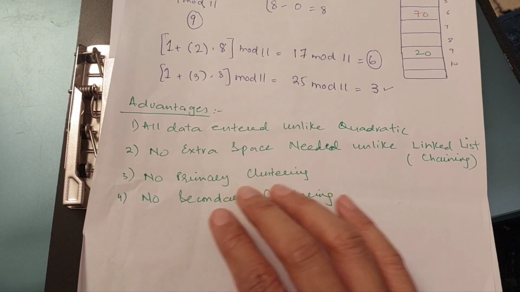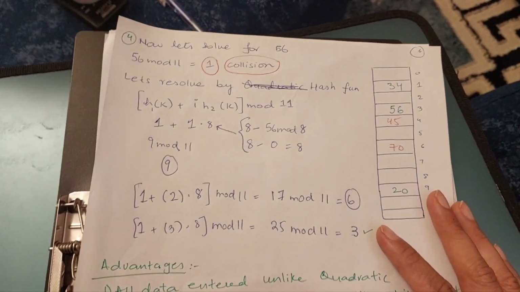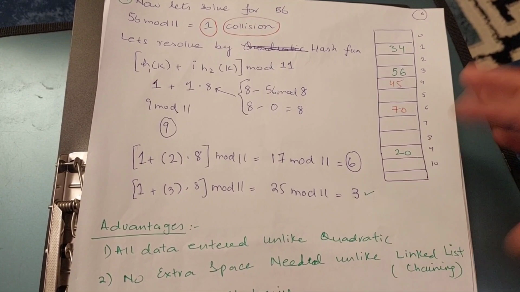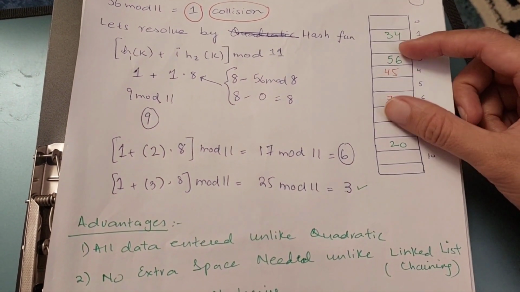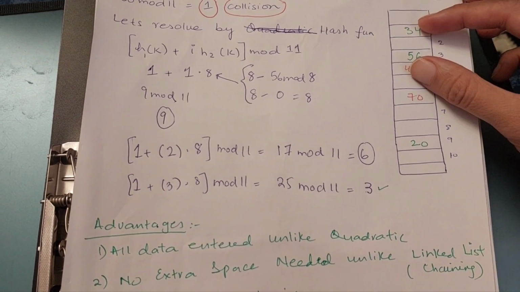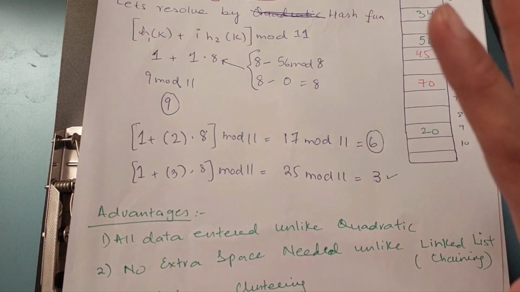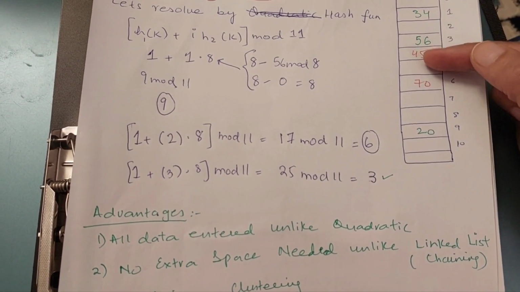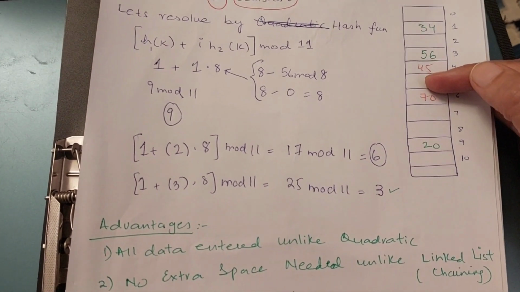There is no problem of primary clustering. I have already explained what primary clustering is. Just for your reference, I'm explaining it again: in the case of linear probing, generally the keys used to enter in the form of clusters. And whenever they come in the form of clusters and a new number wants to enter, there's a very high probability that the new number is going to enter into that very next location.